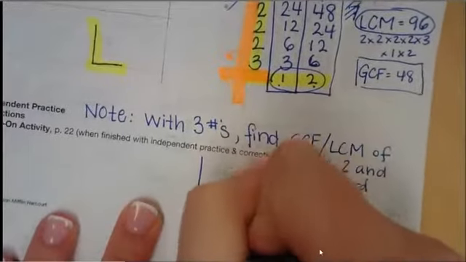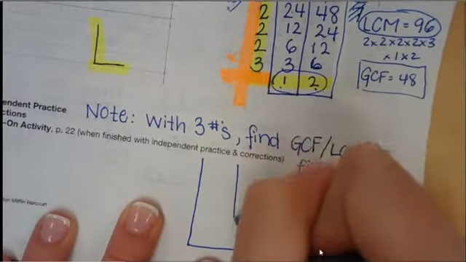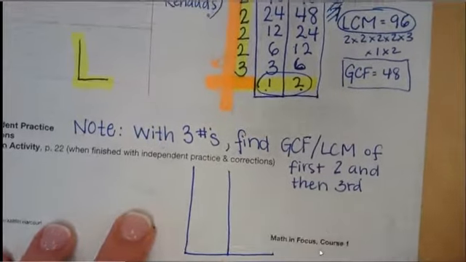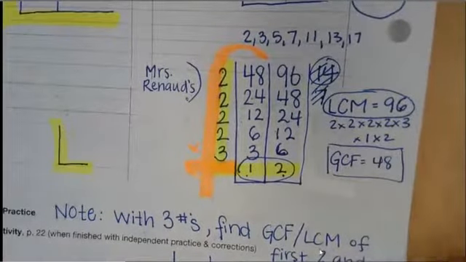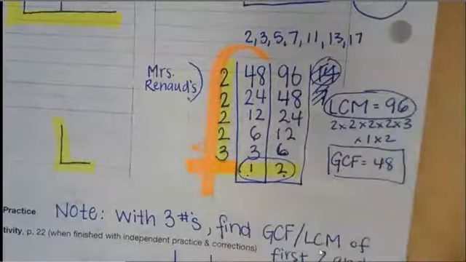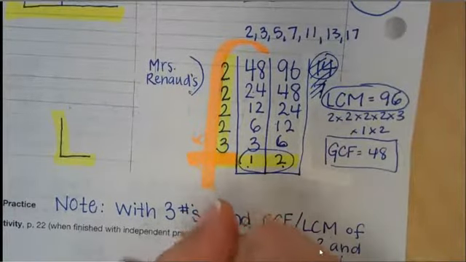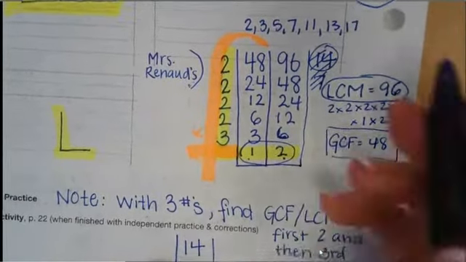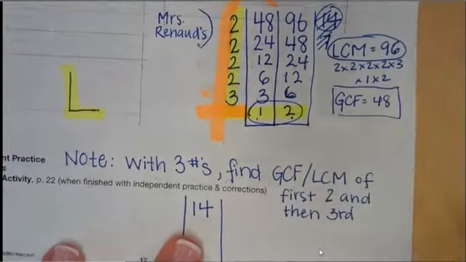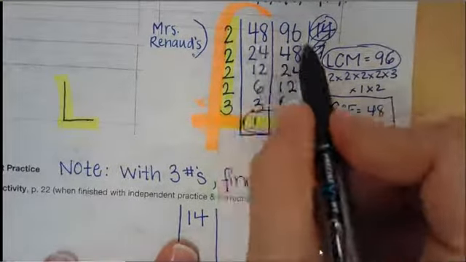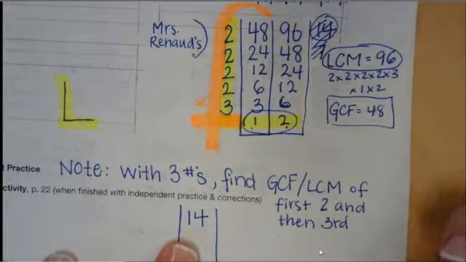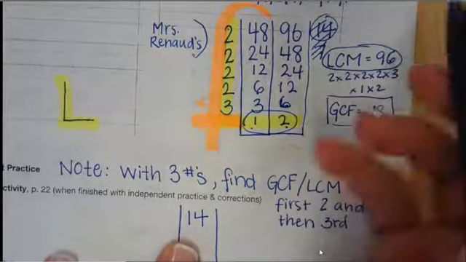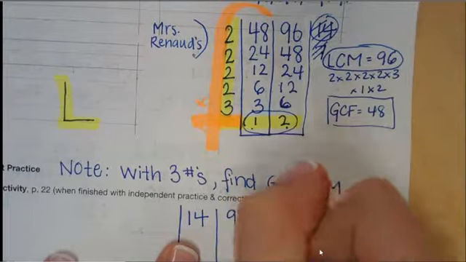So if they want us to find the least common multiple of all 3 of those numbers, we're going to take the 14, which would have been the third number, and put it into a new chart with the least common multiple of those 2 numbers. So 48 and 96, the least common multiple was 96. So then I take out the 2.